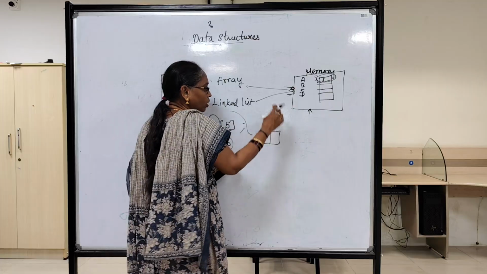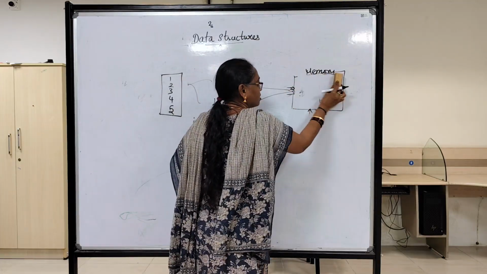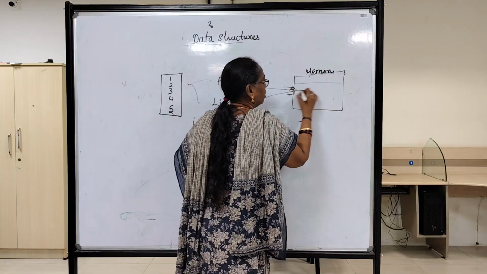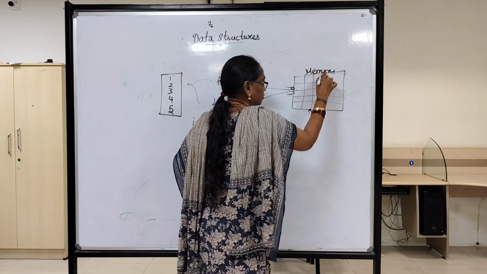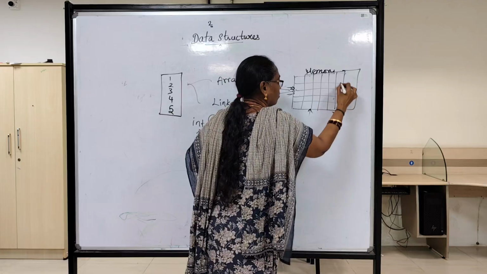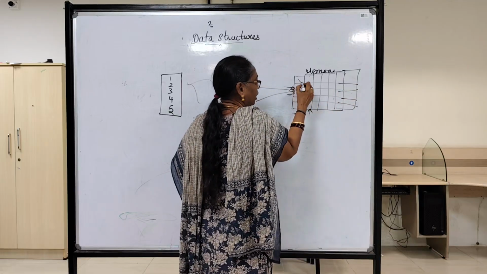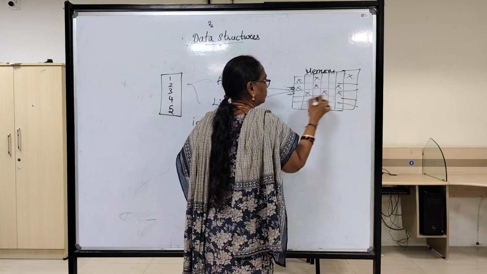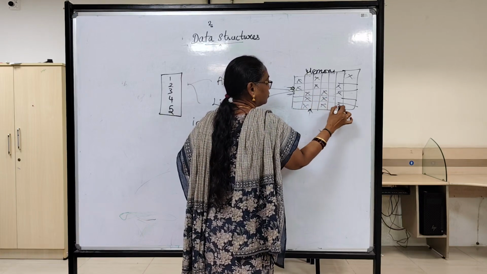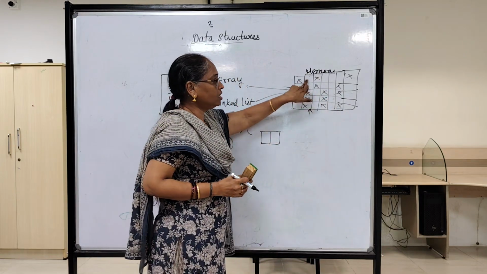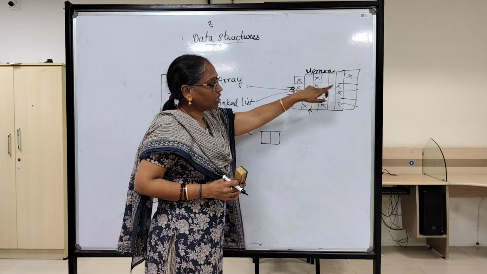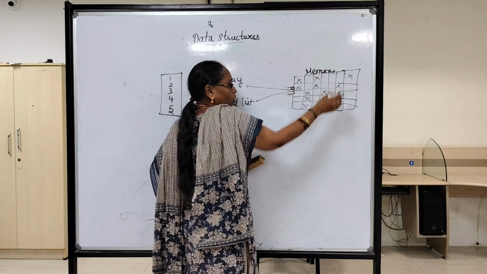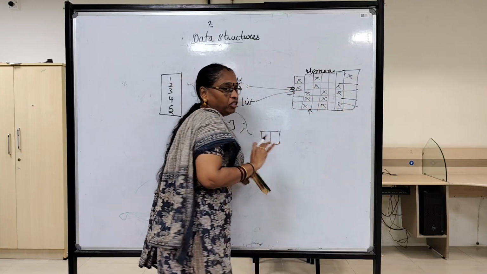So in the linked list, what will it do? It will connect all the free memory. See, for example, this part I am dividing. So if it is the case, these are all occupied memory and these are all free memory. You can see there are no continuous 10 memory locations available right now, but on the whole more than 10 locations are free, but not in a continuous way.